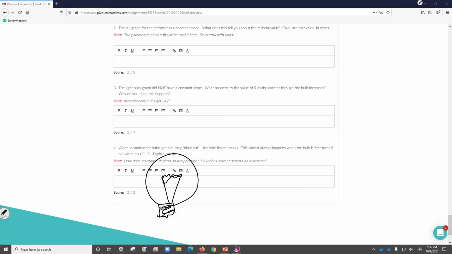And when it's hot, gravity pulls on it, it makes it longer, it makes it thinner, so it might acquire some kinks. And at a certain point, sometimes when you turn it on, close the switch that connects it to a power supply, 120 volts, it breaks.